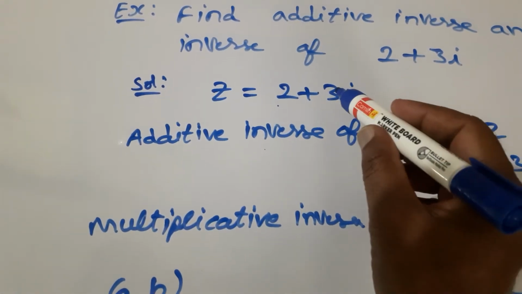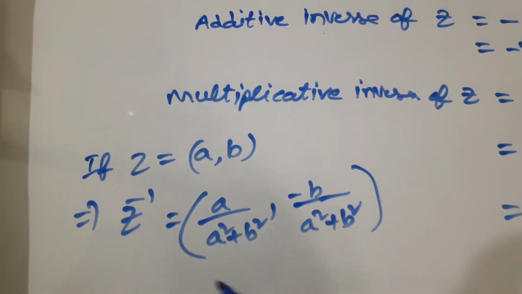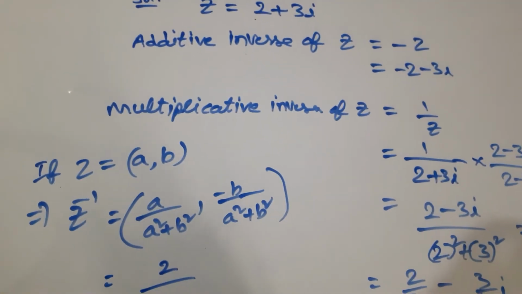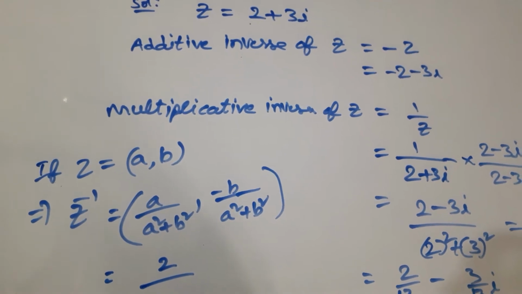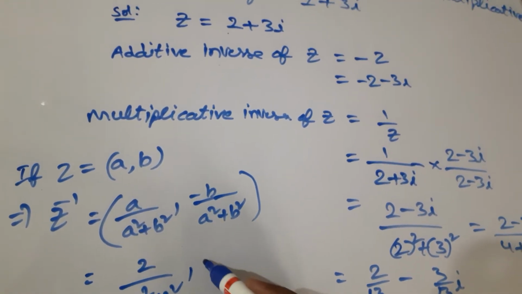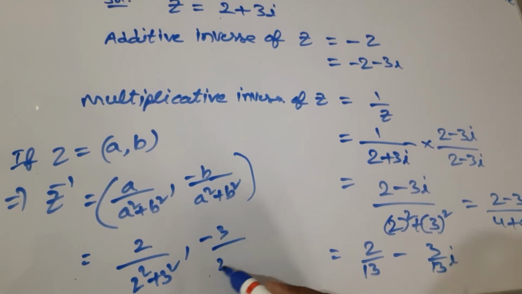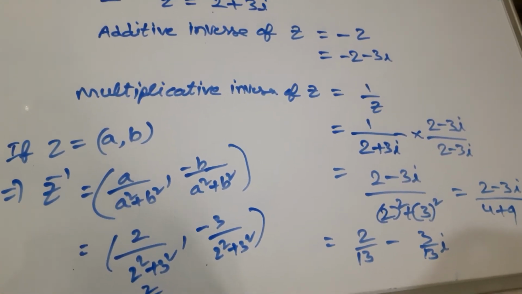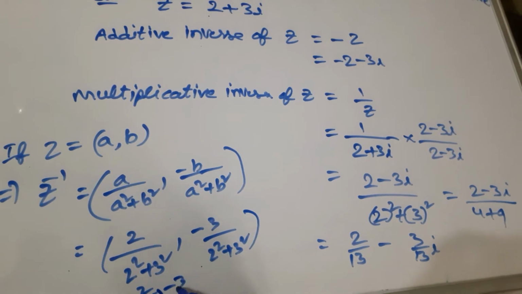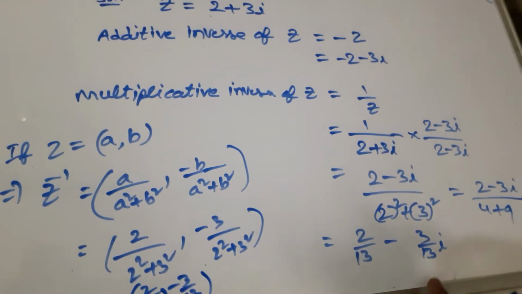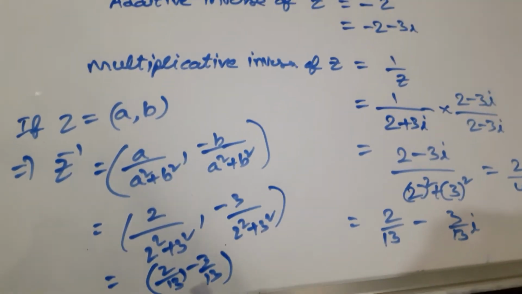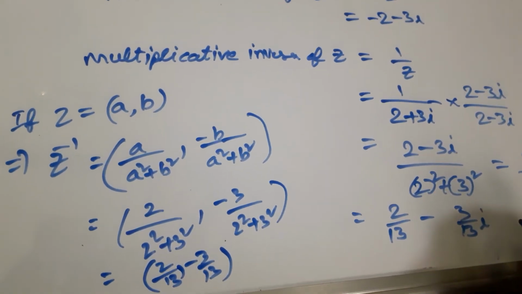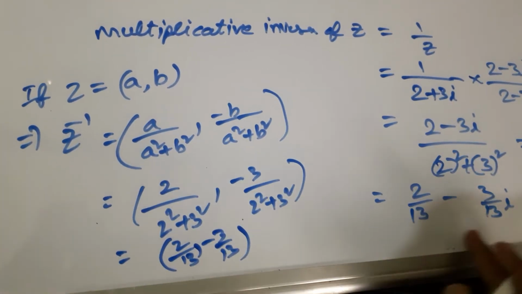What is the multiplicative inverse? a by a square plus b square means 2 by 2 square plus 3 square comma minus b means minus 3 by 2 square plus 3 square. So we are getting 2 by 13 here minus 3 by 13 we are getting. Same answer we are getting. This is ordered pair form. This is general form of imaginary number. Same answer we are getting.